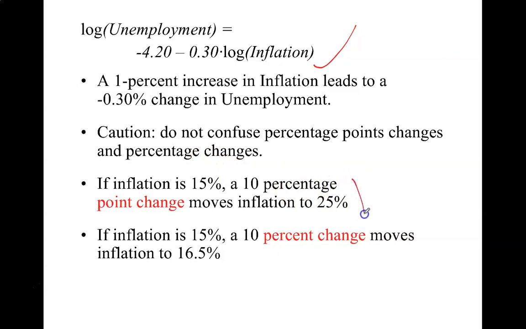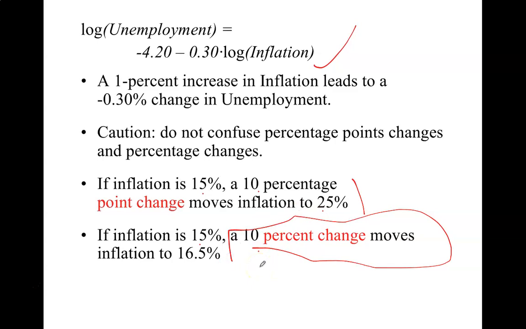Here, for example, if inflation is 15%, a 10 percentage point change will move inflation to 25%. That's very straightforward. But if inflation is 15%, a 10% change moves inflation only to 16.5%, because it's only a 10% change, right?